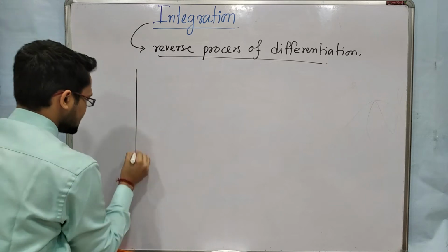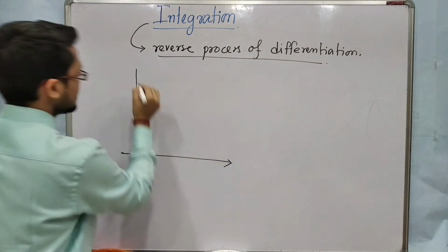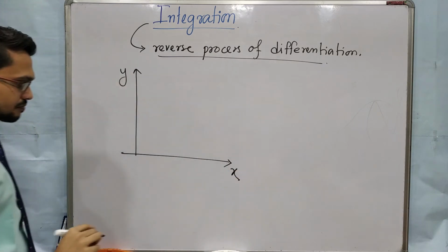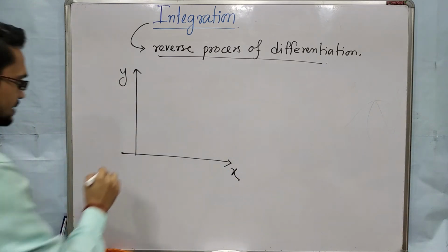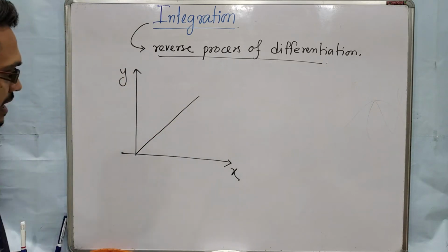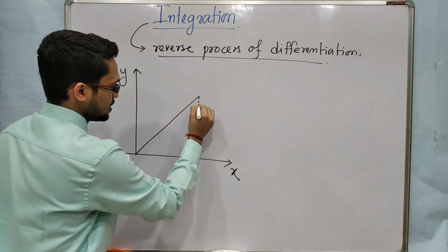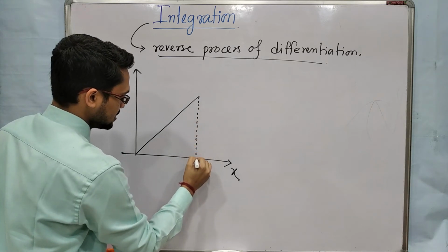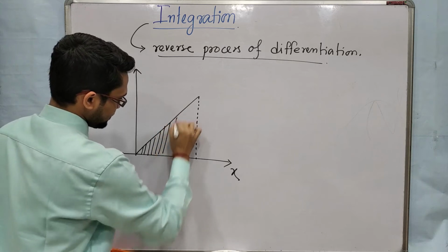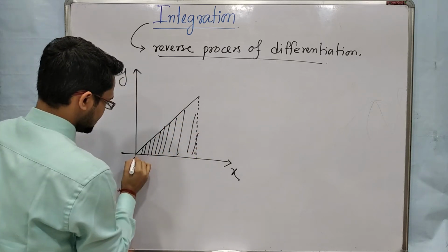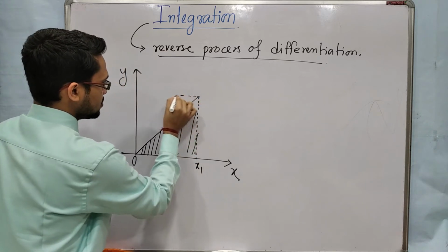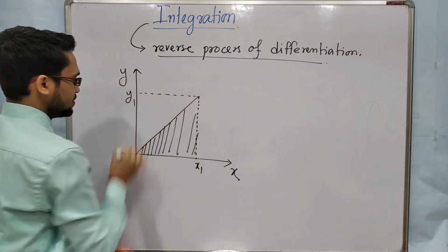Suppose I am starting its journey with a graph, a y versus x graph. Suppose the graph looks like this, and you are asked to find the area under this graph, only this part. This value you know is 0, this value you know is suppose x1, and this value is suppose y1.